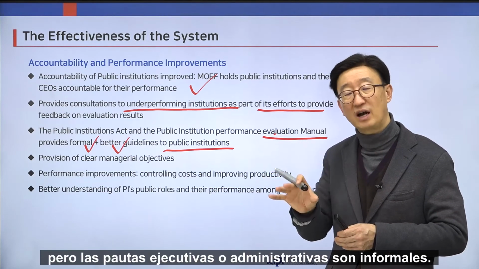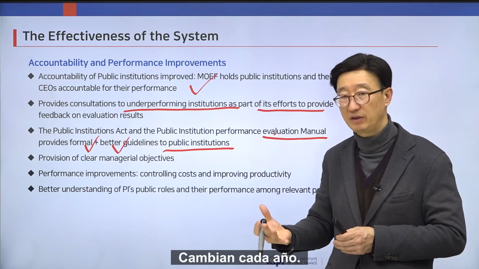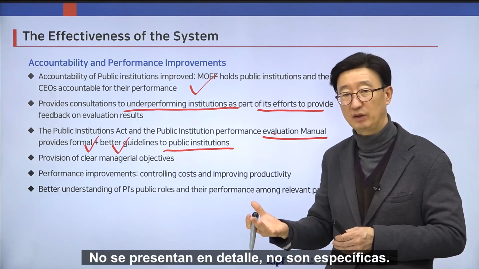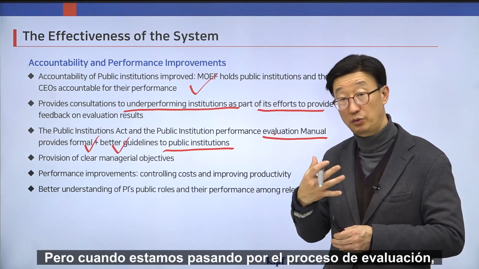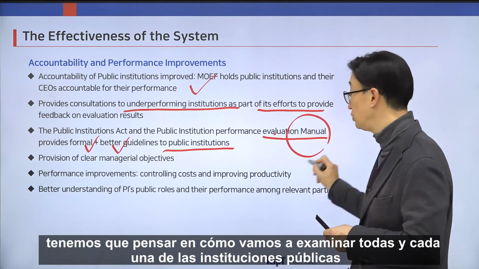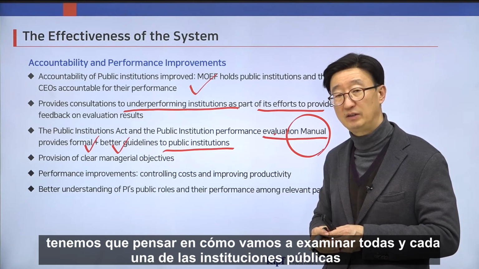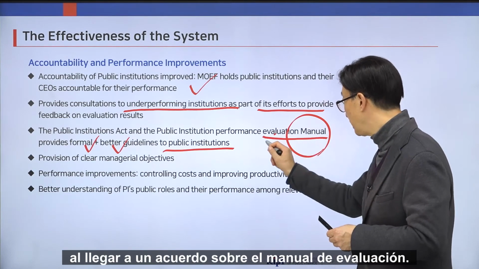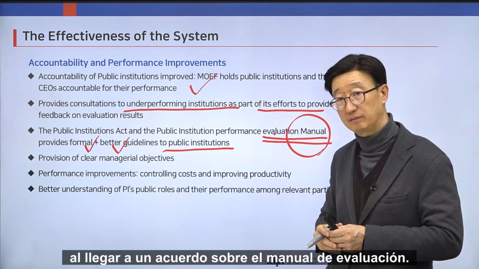But the executive or administrative guidelines are informal. They change every year. They are not laid out in detail, no specifics. But when we go through the evaluation process, we need to come up with how we are going to examine each and every public institution by coming up with an agreement on the evaluation manual, right?